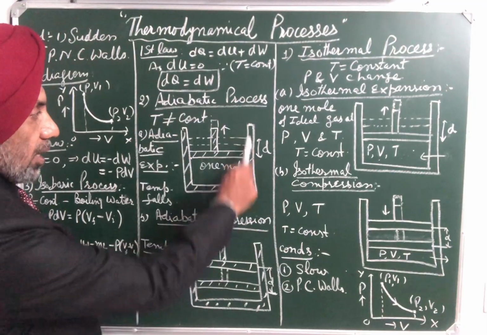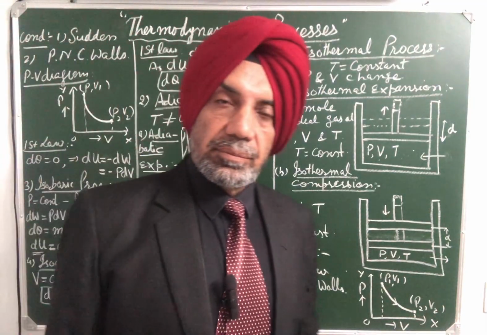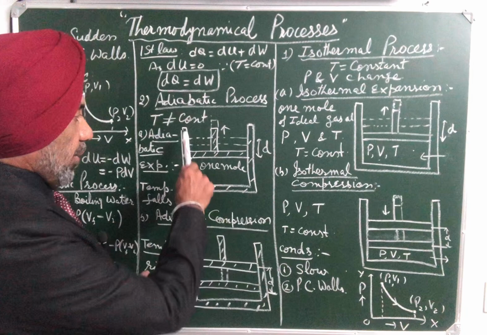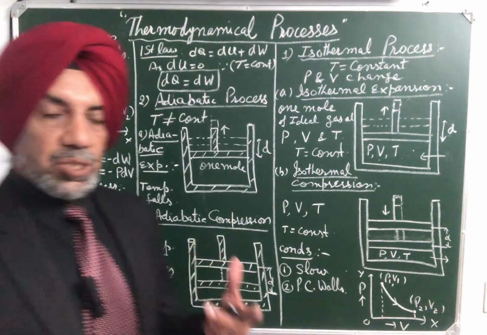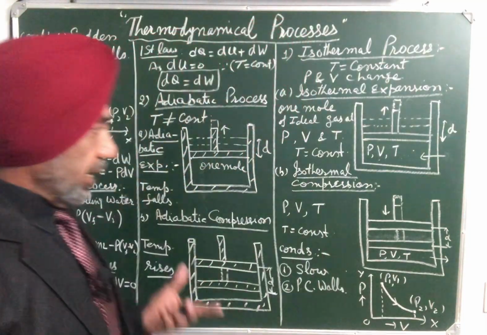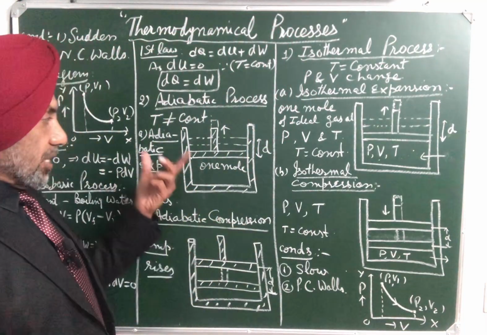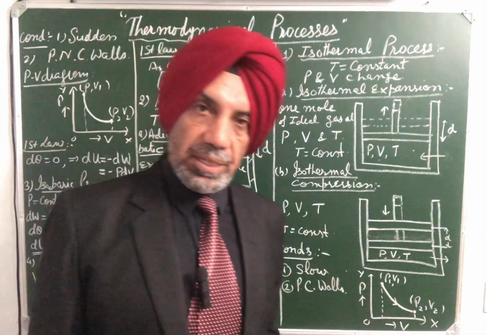Suppose we have a cylinder fitted with perfectly non-conducting walls and a perfectly non-conducting piston which is frictionless, containing 1 mole of ideal gas at pressure P, volume V, temperature T initially.